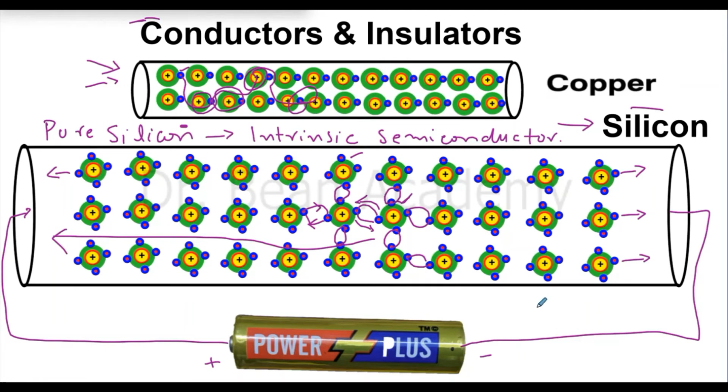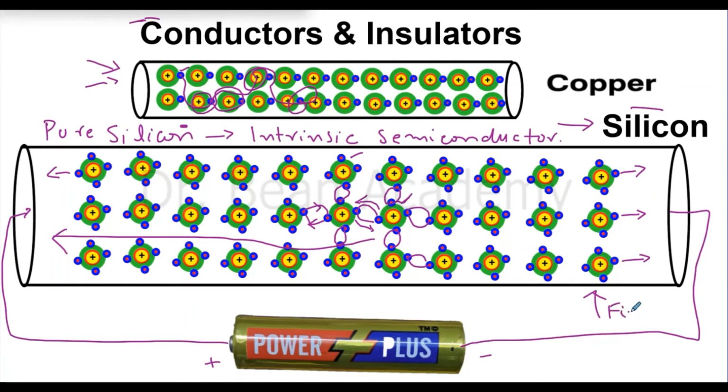So I told you that a way to conduct electricity through this material is either if I apply very strong electric field so that they will push the electrons really hard to flow through the material, which is not very practical, or I can heat this material.